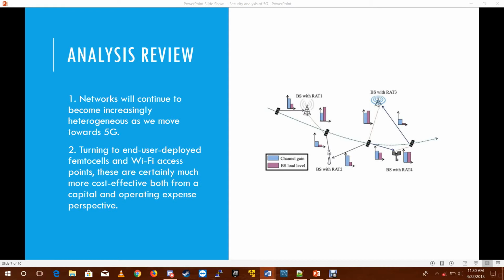As you can see in the multi-RAT network, how massive input and output can be taken, and also improving millimeter wave and other features.